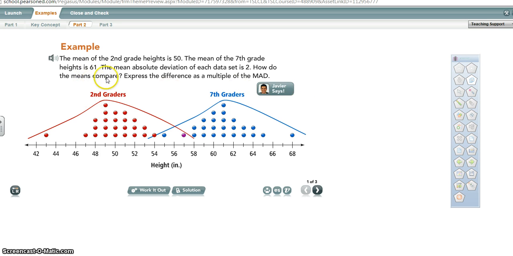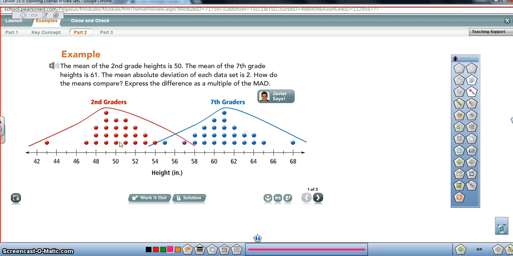So here in this example, we're looking at our second graders and seventh graders again. Now they're on the same graph, so you can see the second graders are down here at lower heights, and the seventh graders are up here at higher heights. The second grade mean is 50.